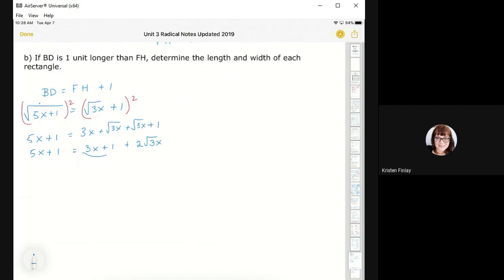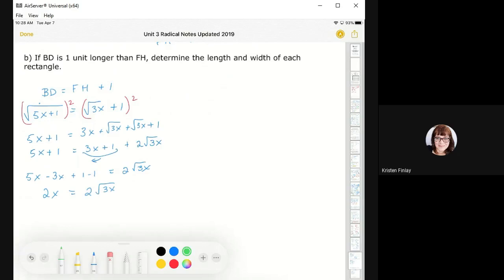So I'm going to move these over to the other side. So I'll get 5x minus 3x plus 1 minus 1 equals 2 root 3x. So I get 2x because 1 minus 1 equals 0. So 2x equals 2 root 3x. If you want to simplify this, you can divide 2 out of both sides. Why not? And then we're going to square both sides.